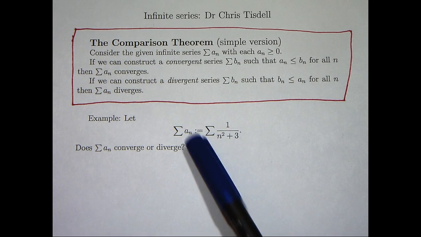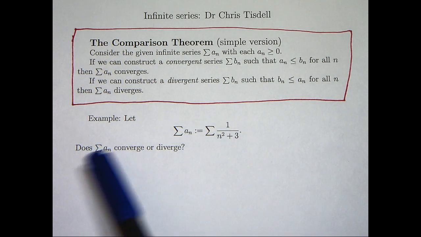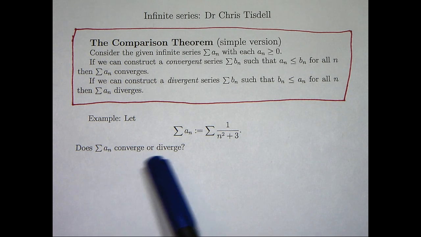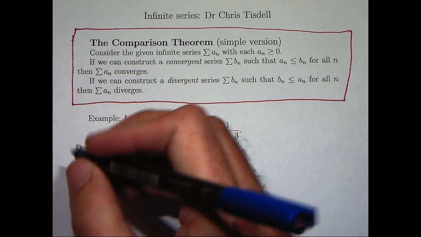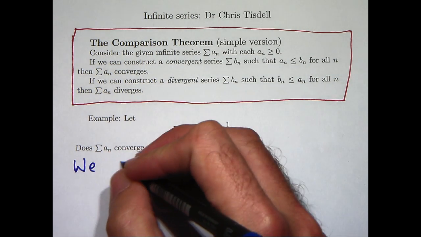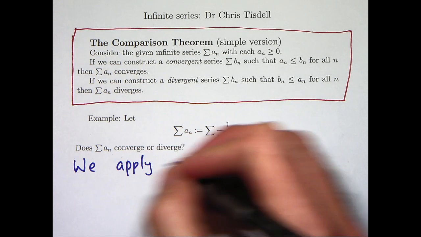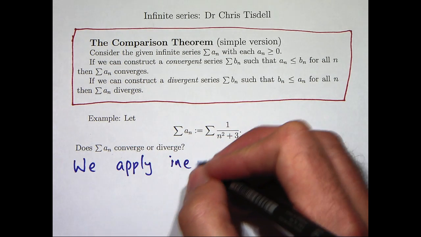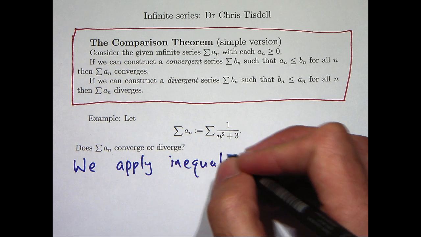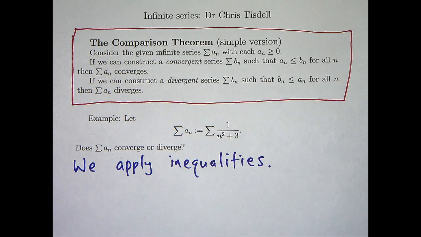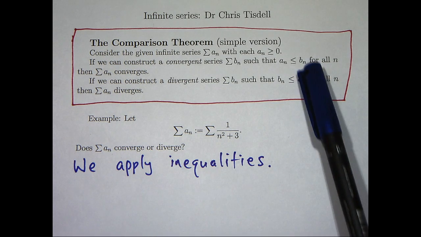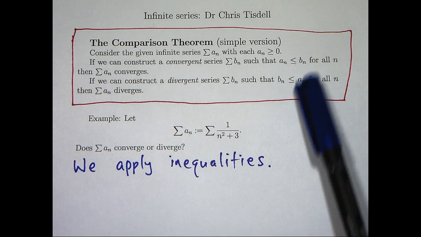So here's our given series, and we're asked to discuss whether the series converges or diverges. For this we use some inequalities. The inner monologue is basically about applying inequalities to get one of these.